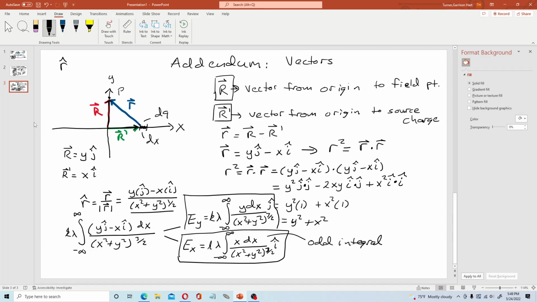Also be aware that there are many different types of coordinate systems that you may use to solve problems in electricity and magnetism. The three most common are Cartesian, which is what we're using in this particular problem; spherical, for spherically symmetric situations; and cylindrical, if you have cylindrical symmetry. Those are not by any stretch the only three that exist, but they are the most common.